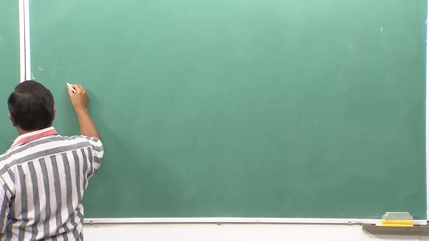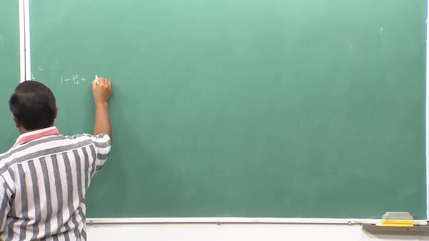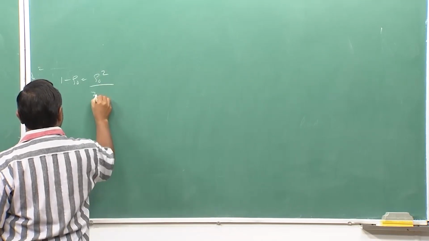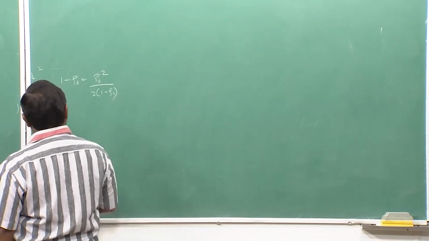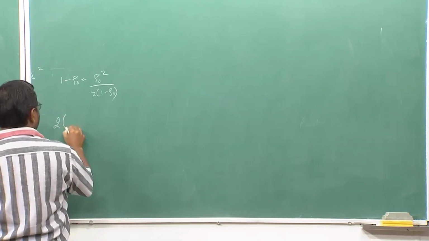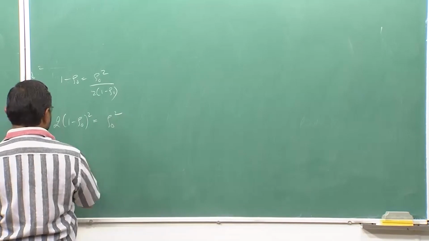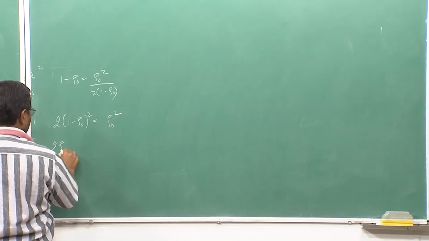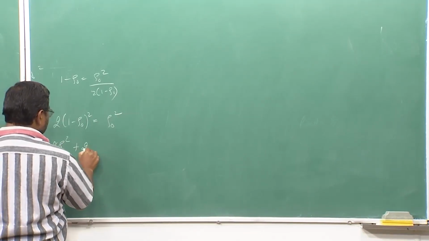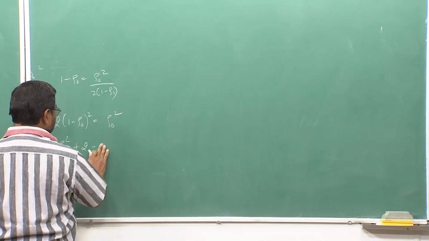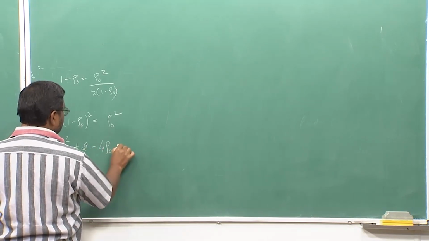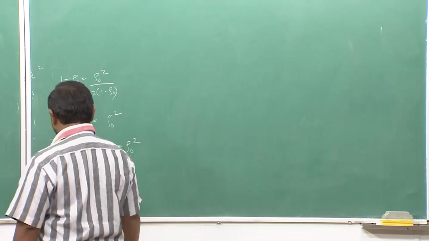So I can just use this: 1 minus rho naught is equal to rho naught square to 1 minus rho naught is 2 into, so 2 rho naught square plus 2 minus 4 rho naught. So this is what will be the expression.